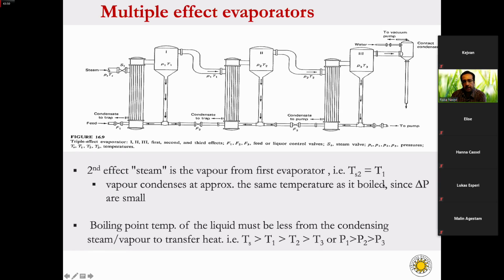So the Ts2 will be equal to T1, so T1 will be the temperature of the vapors that are coming from the first effect, right? And the boiling point temperature of the liquid must be less than that of the condensing steam or vapor in order to transfer the heat.